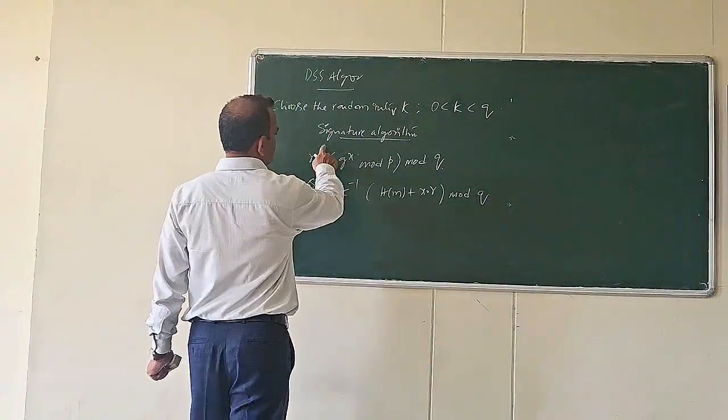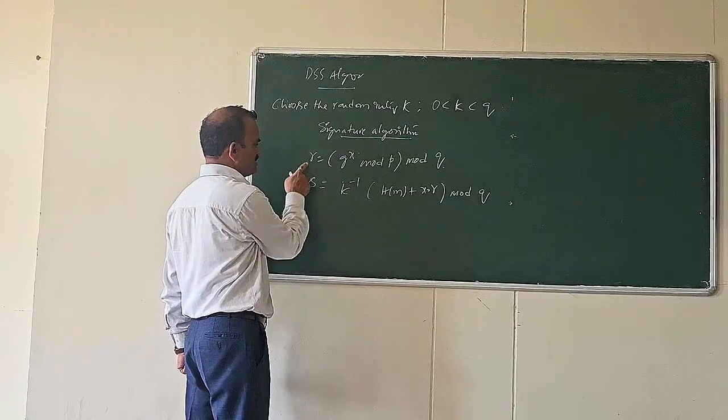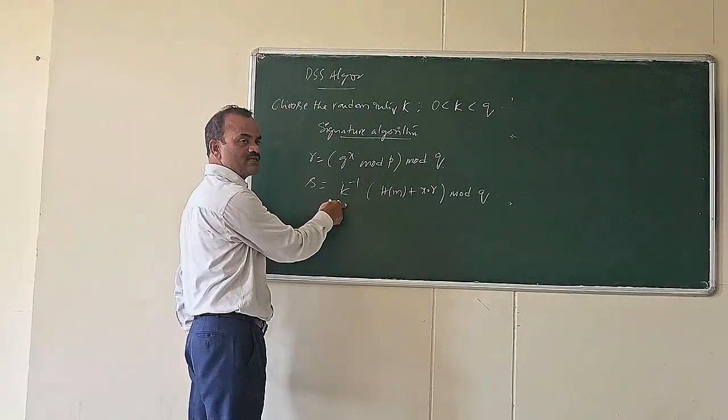This is the signature algorithm. We consider two parameters r and s. r equal to this much and s equal to this much.